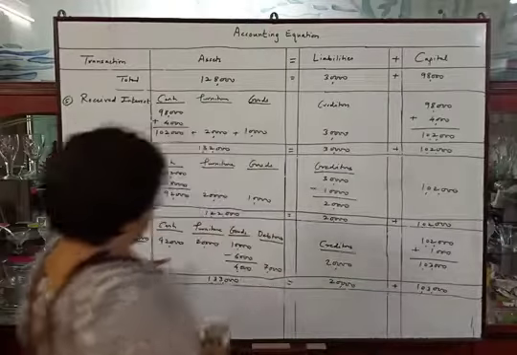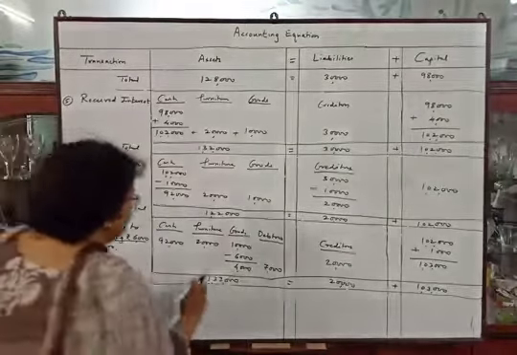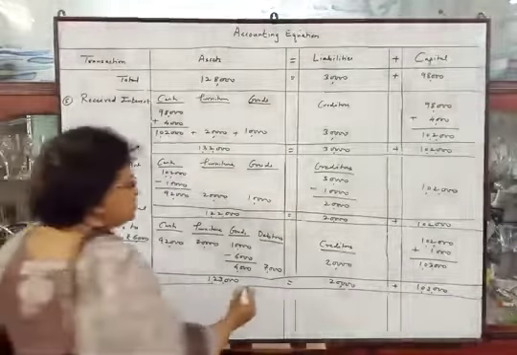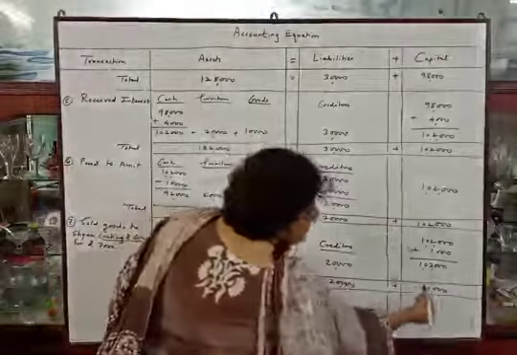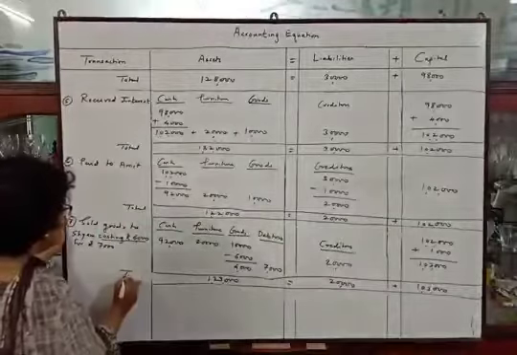So the total will be 1,23,000. Here the total is 1,23,000, which is equal to 20,000 plus 1,03,000, means 1,23,000. Okay. So this is the total.